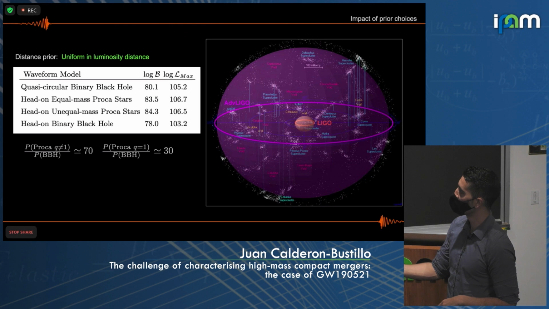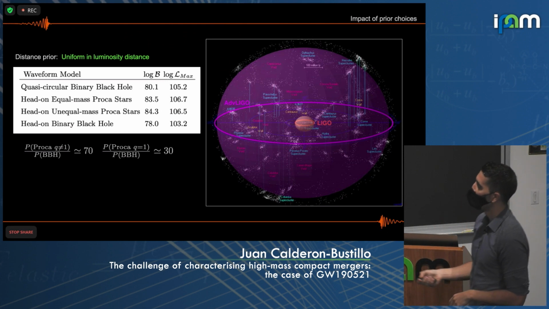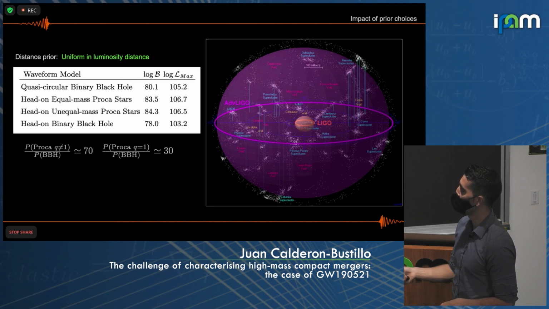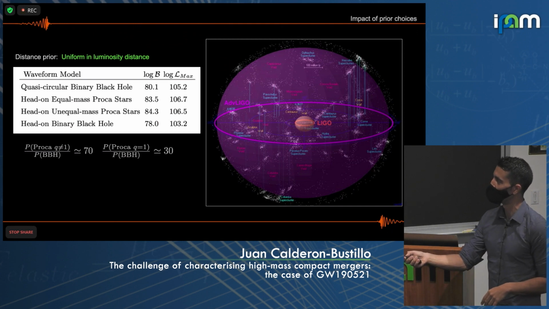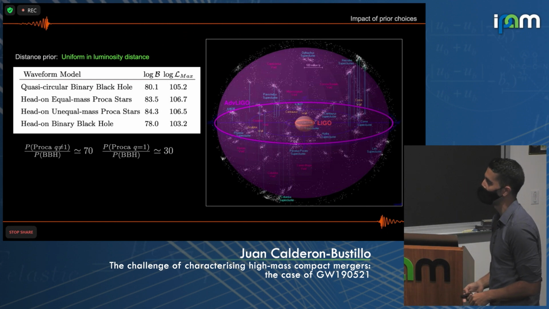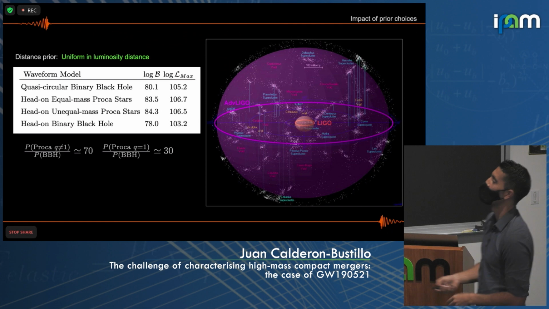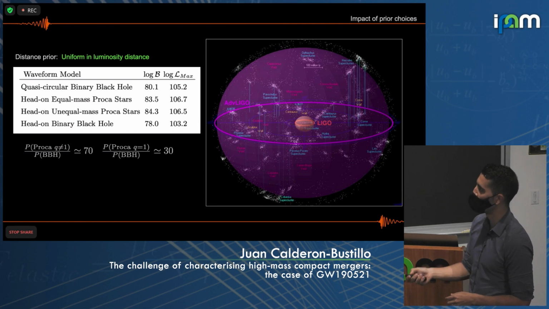And your evidences in favor of these two models actually increase very sensibly. And this makes sense because if you remember, the distance we get for these two models here is 10 times smaller than the one you get for this one. So these are being strongly killed by your distance priors. This is not to say that these are the numbers we believe, but is to say, well, if we had circular mergers, maybe this would happen.